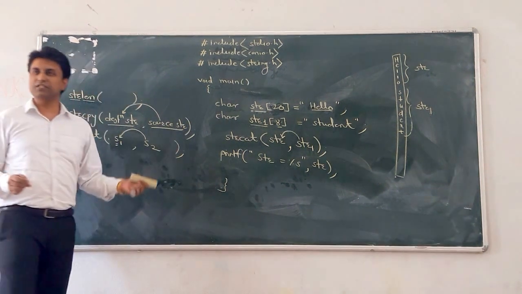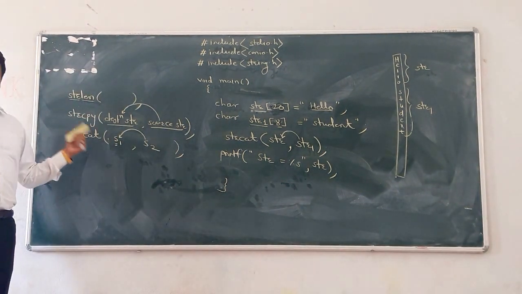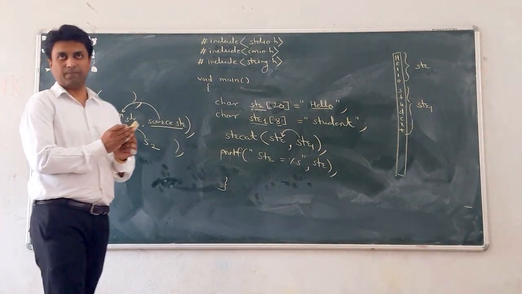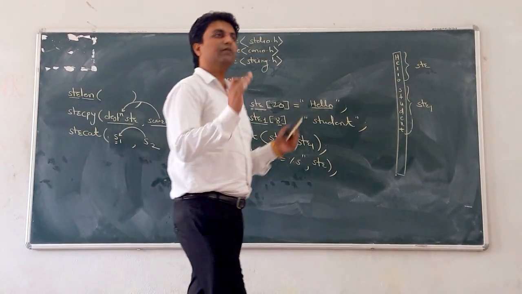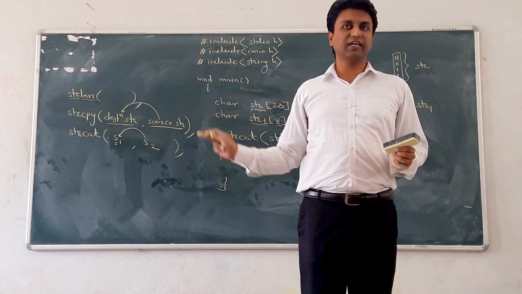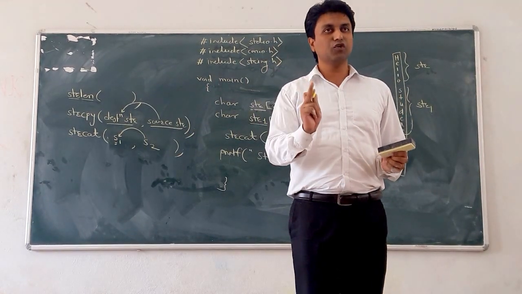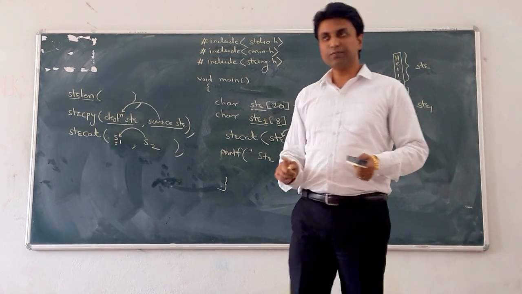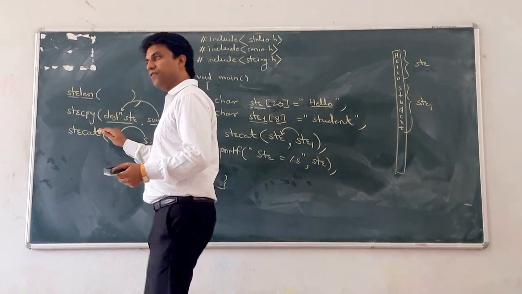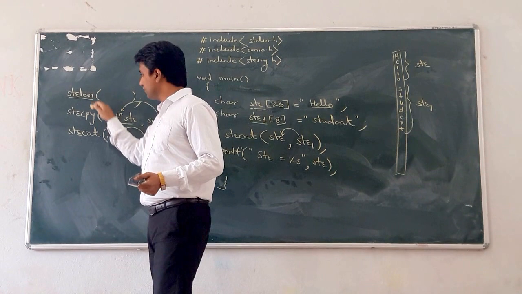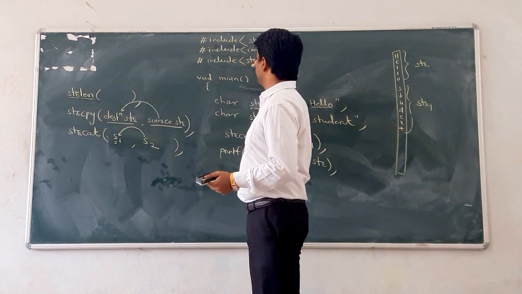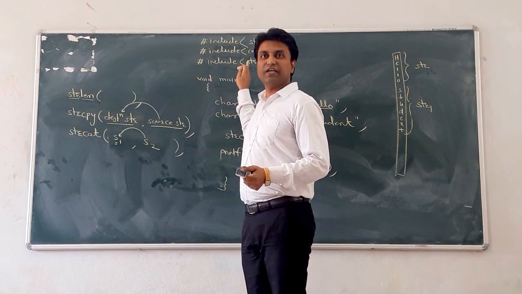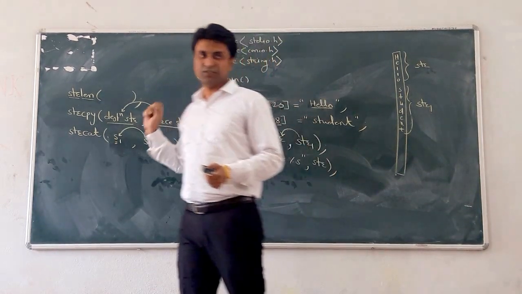So for the concatenation purpose we use the strcat function to concat two strings, because using plus operator we cannot concat two strings. Using equal to operator we cannot assign one string to another string. For that purpose there are different functions available, and all these function definitions are present in the string.h header file. So you must include this string.h header file.